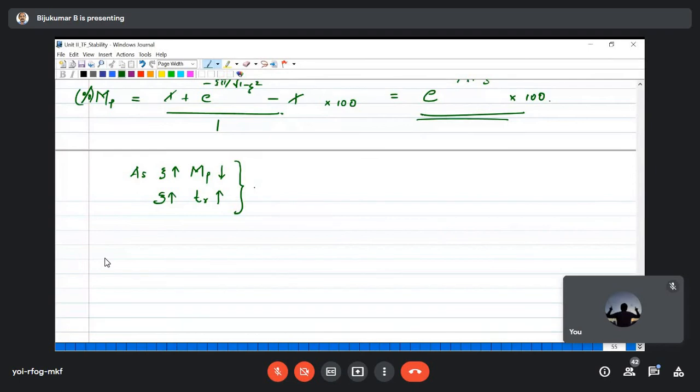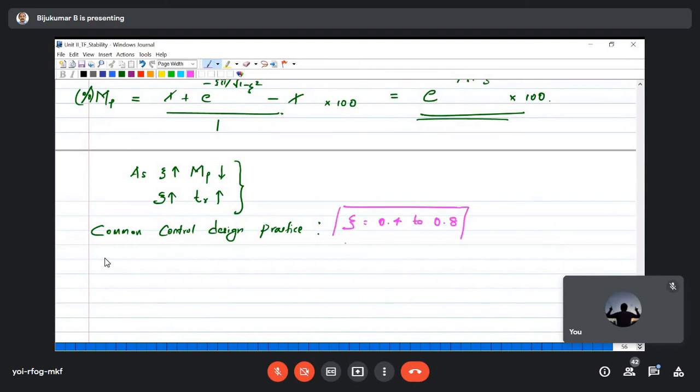Mp. Usually, for common control system design practice, zeta value will be equal to 0.4 to 0.8. So keep in mind, this is just a thumb rule only.